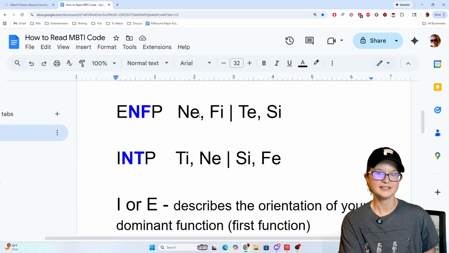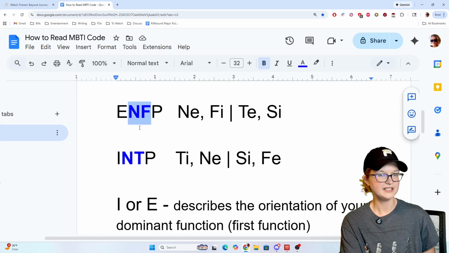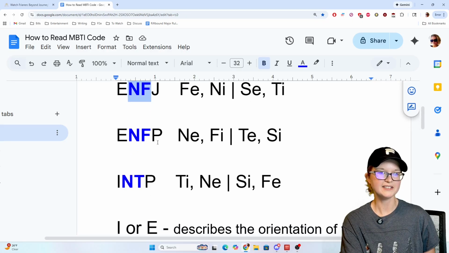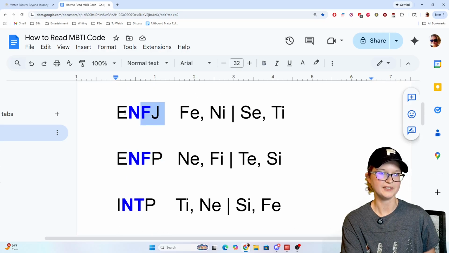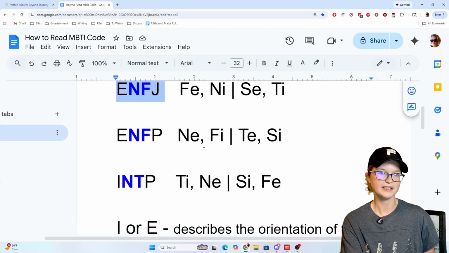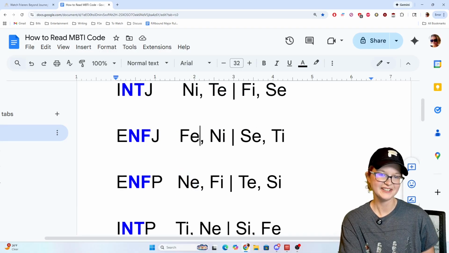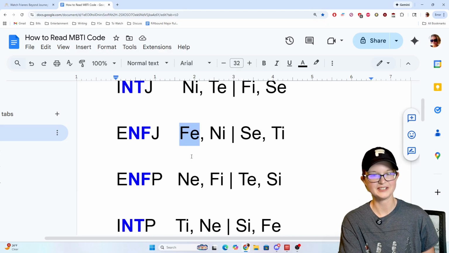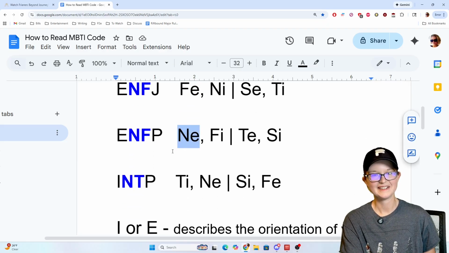In ENFP, we know that intuition and feeling are going to be their dominant and their auxiliary. And you're like, wait a minute, we had an ENFJ, they had NF too. Why is an ENFP so different from an ENFJ? Well, it really matters whether your dominant function is extroverted intuition versus an extroverted judging function. It makes a huge, huge difference.